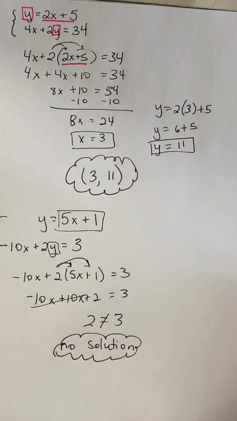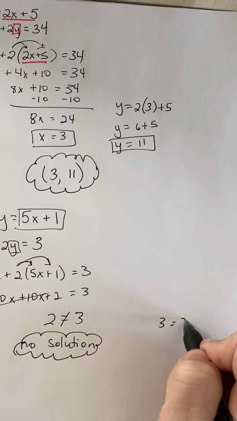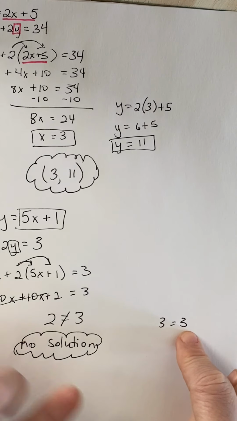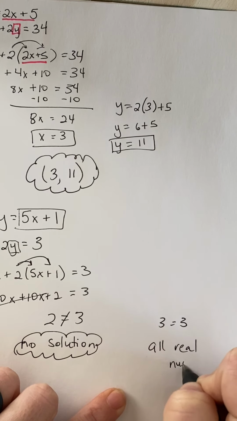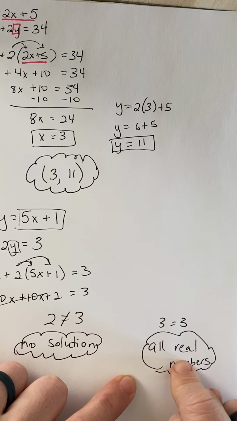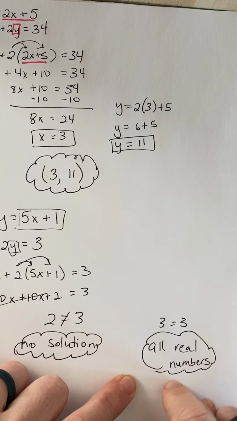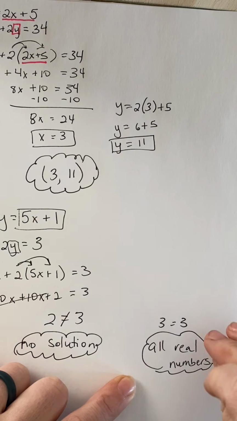And I'm not going to run through another one, but if you got something like 3 equals 3, where it is always true, your solution would be all real numbers, okay? This would be one of those cases that I talked about in the last video where it's the same line, it intersects on every point.